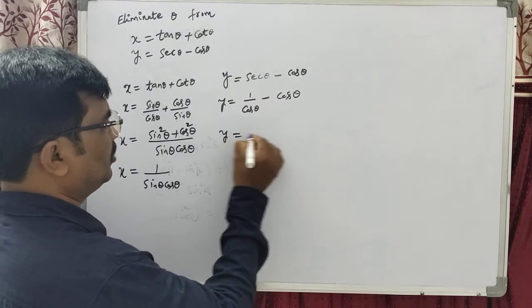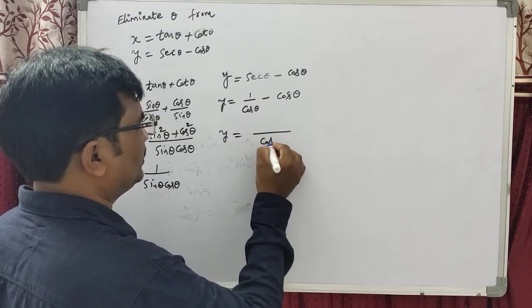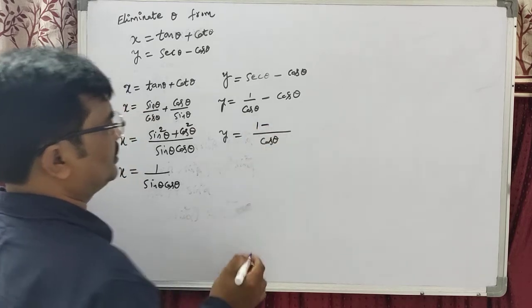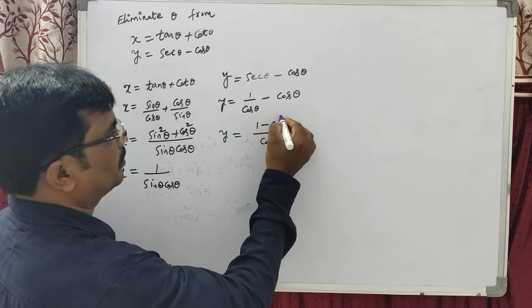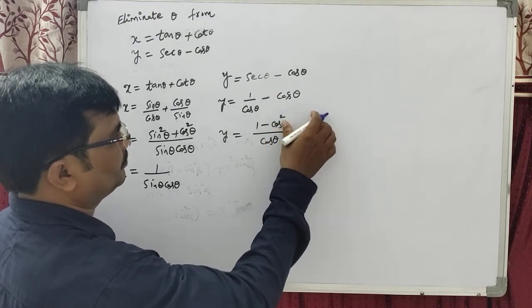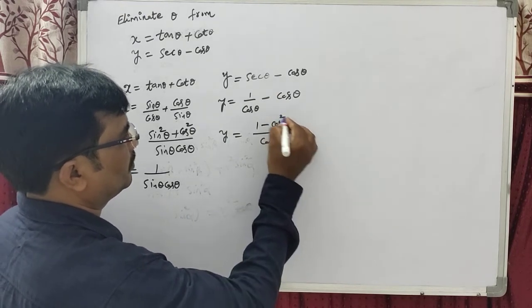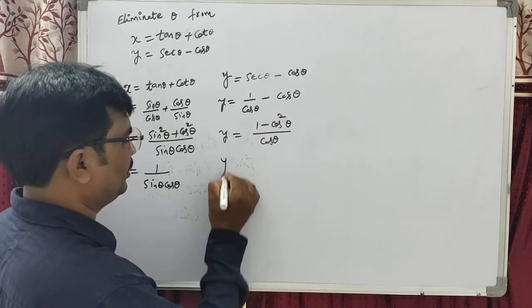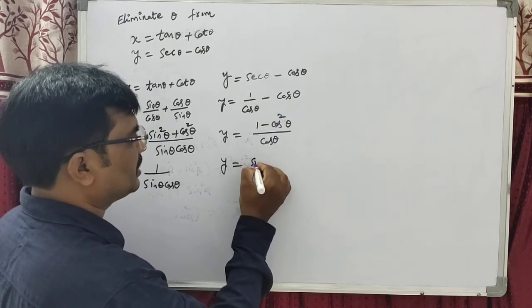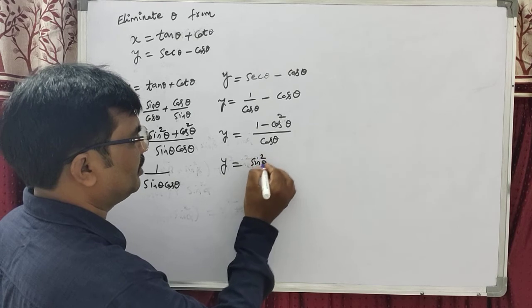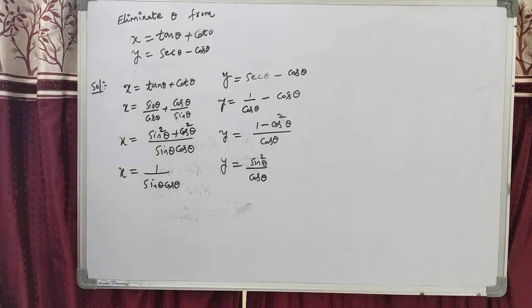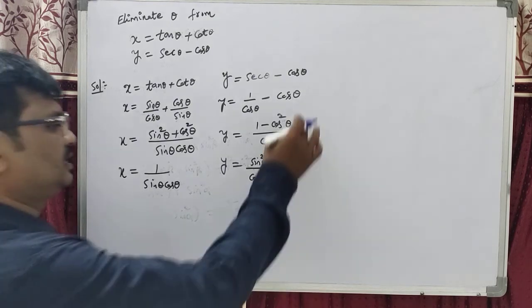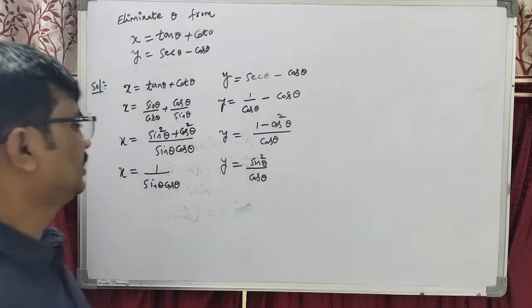Now we take the LCM, which is cos theta. 1 minus cos into cos is cos square theta. Therefore, y equals 1 minus cos square, which is sin square theta by cos theta.